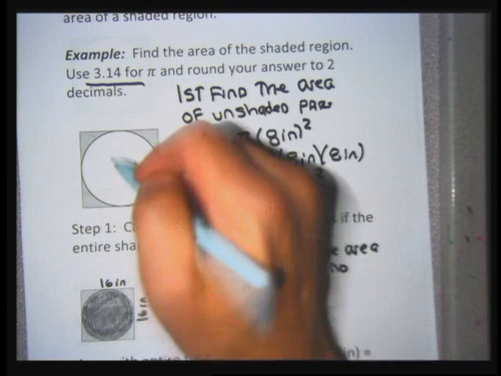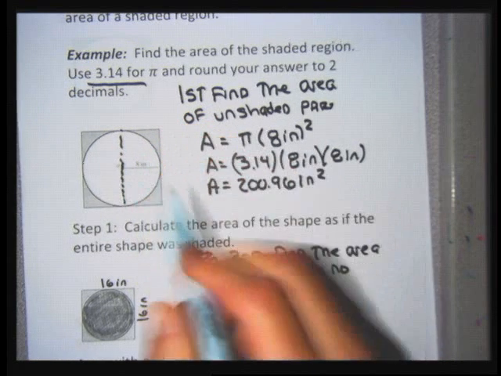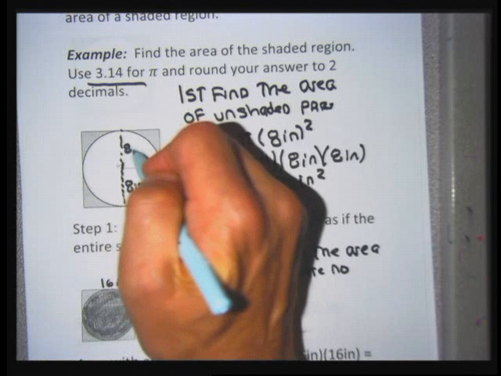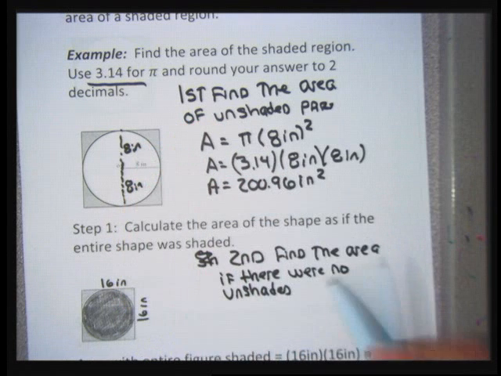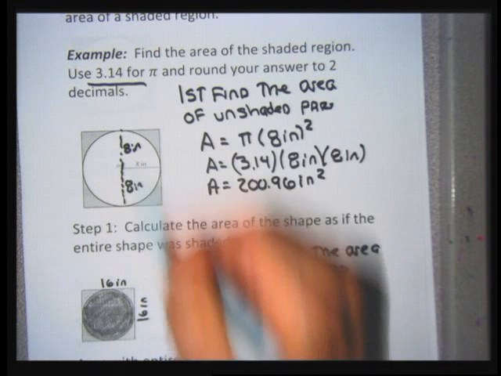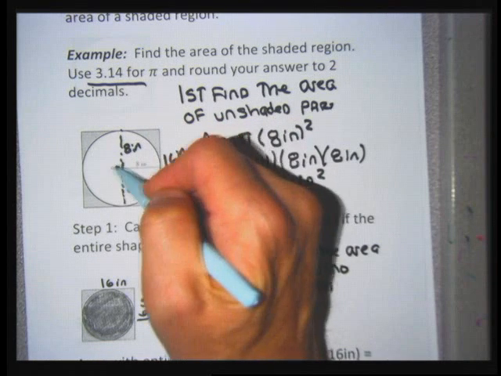I have to realize that in any direction from the center of the circle to the edge of the circle, there's 2 radiuses, and these 2 radiuses are going to give me 16 inches in any direction.